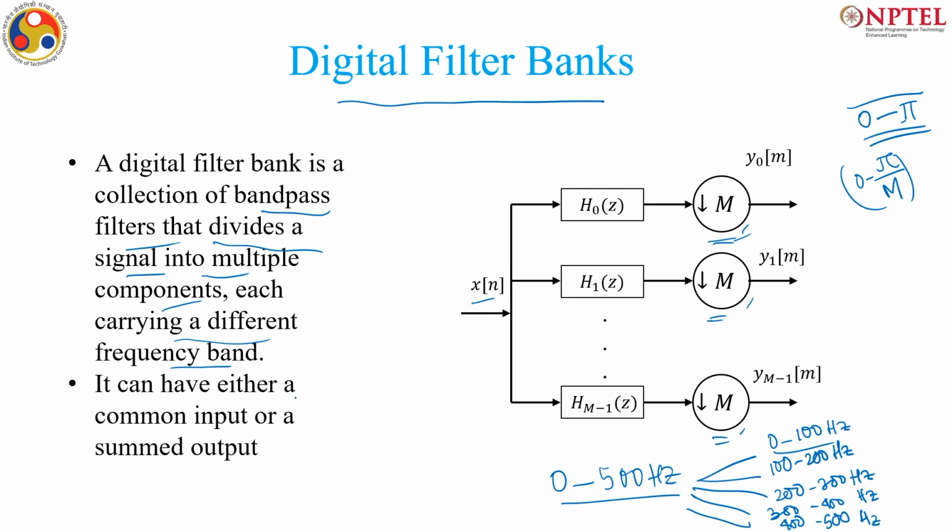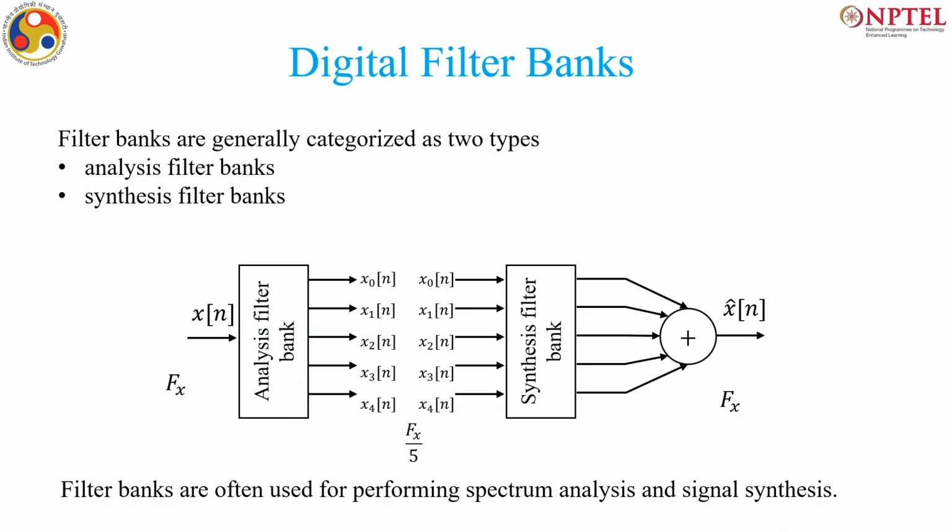It can either have a common input like this. Here I have a common input x of n, which is common to all the filters of the filter bank, or a summed output, which I am going to show in the next slide. Filter banks can be categorized into two types, analysis bank or synthesis bank.